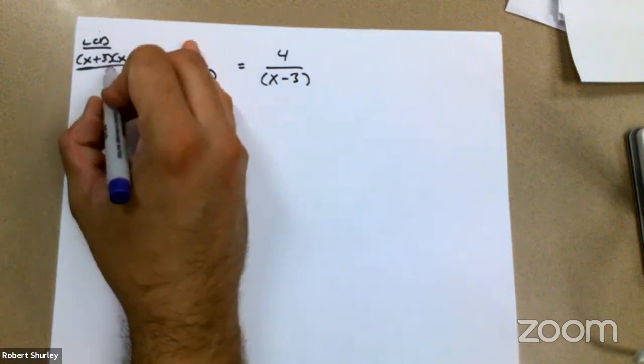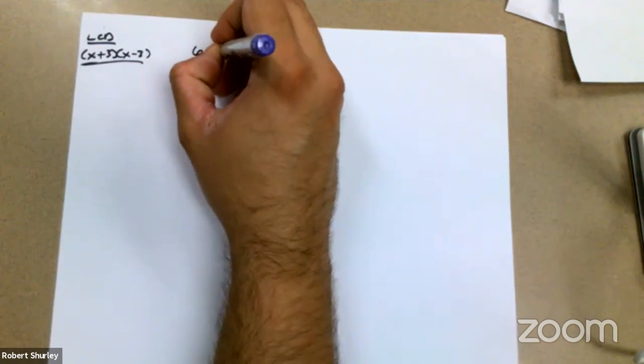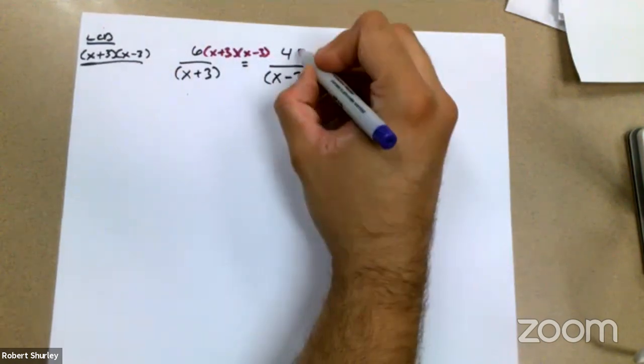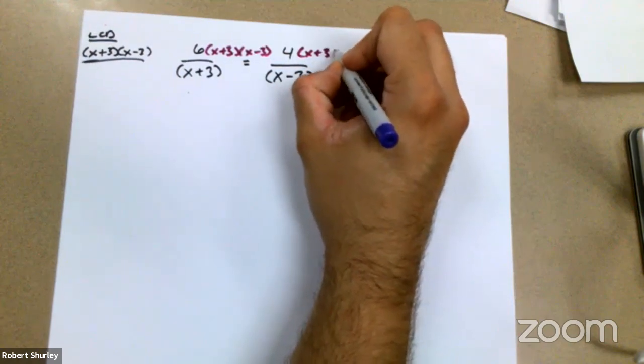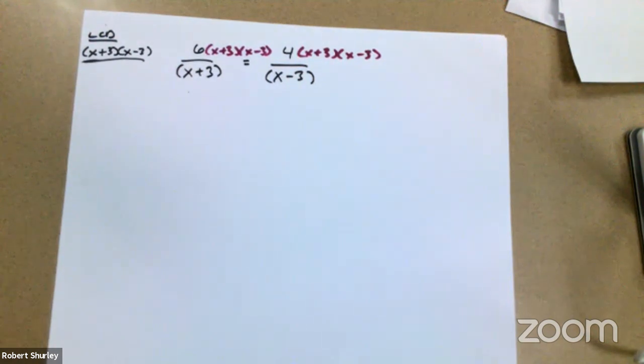And I've got to multiply this on both these numerators. So I'm going to try to write it a little smaller. x plus 3, x minus 3, x plus 3, x minus 3. It looks weirder because we've got binomials, but it's not that bad. The steps aren't bad.